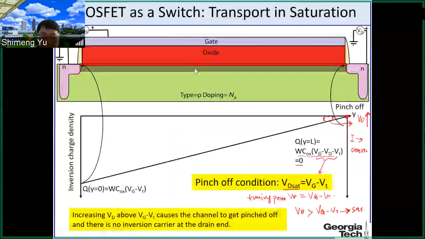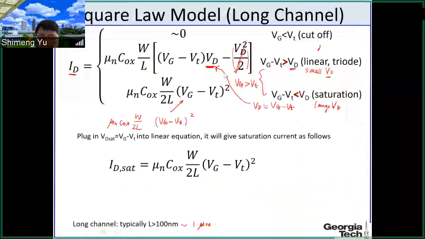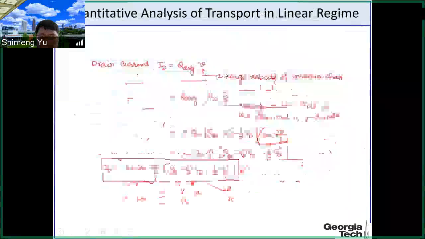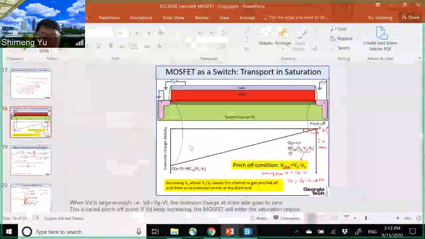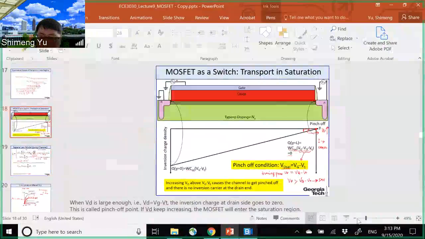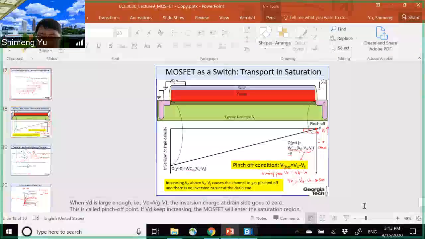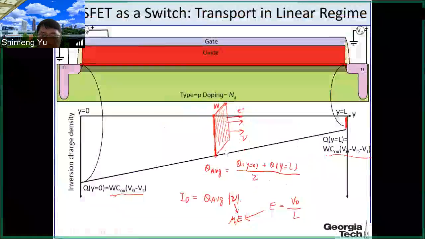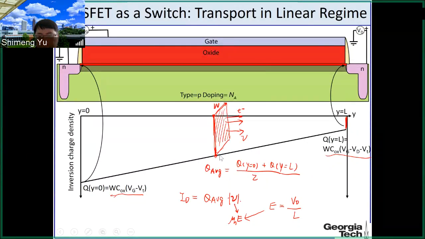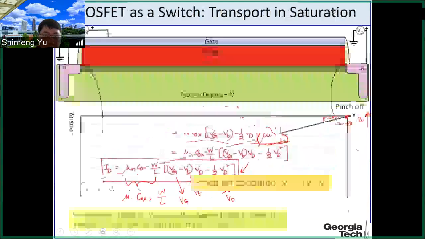And we don't require the derivation for the equations here, but a concept like the cross-section charge density here multiplied by the velocity gives you the current. If you understand this, then that will help you to understand how we reach the current equation in the linear region.